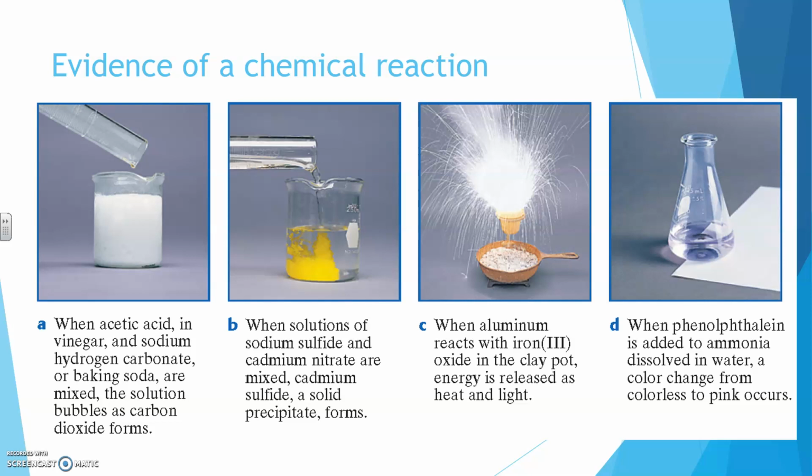When it is added to ammonia, the color will change from colorless to pink. It's very difficult to see in this, but if you have a high enough concentration of ammonia, it can turn a bright pink. That color change helps you realize that you just had a chemical reaction take place.